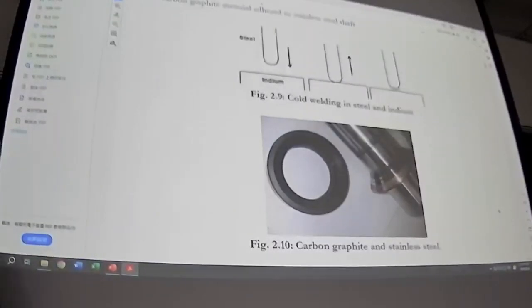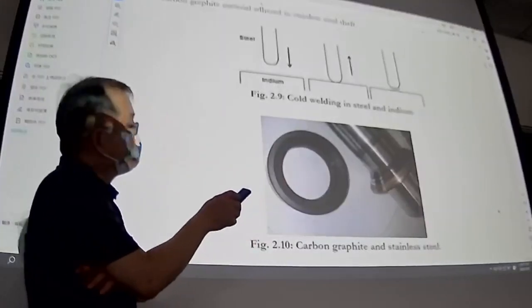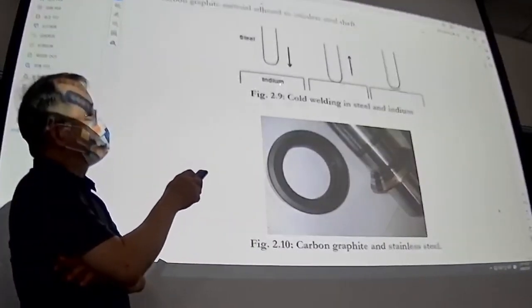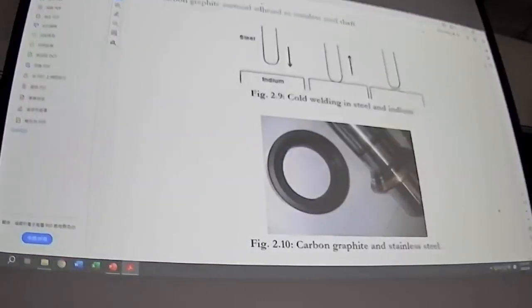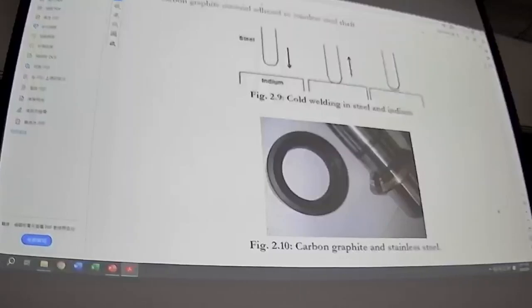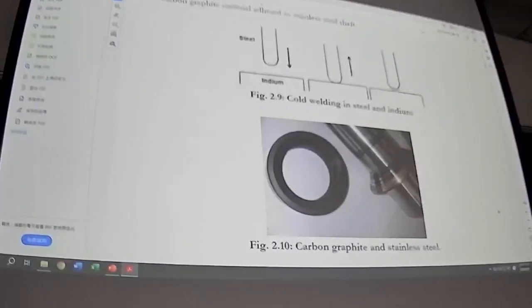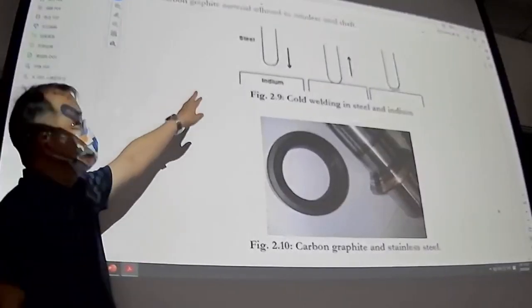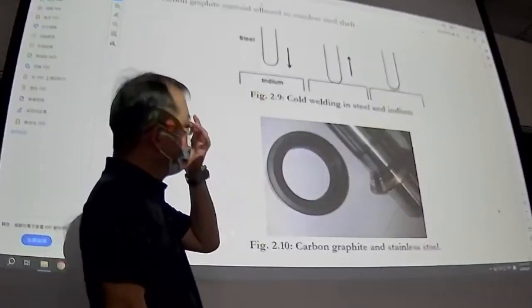By experiment, you can do that. It's called the cold welding. So if you use a steel pin to contact with indium, indium is the material. Of course you need to place some loading on top of it.